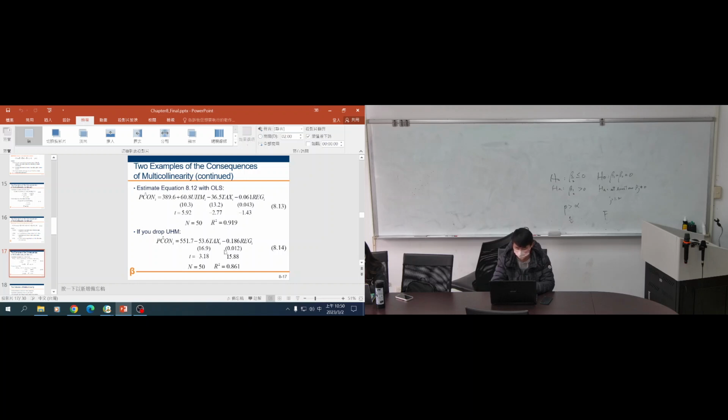The second one is tax. What do we mean by tax? It means the gasoline tax rate in the state. So the higher the tax rate, maybe the less the consumption. But sometimes it's not quite clear.